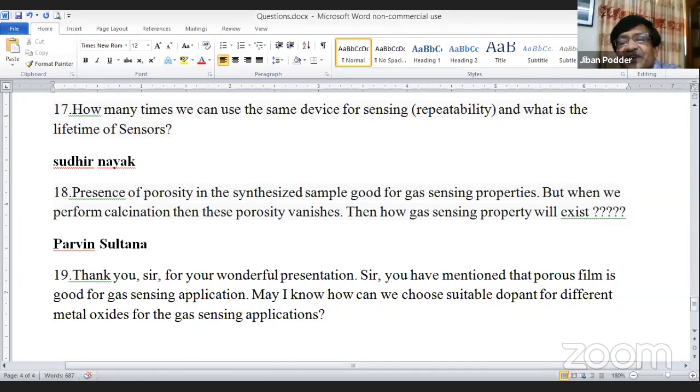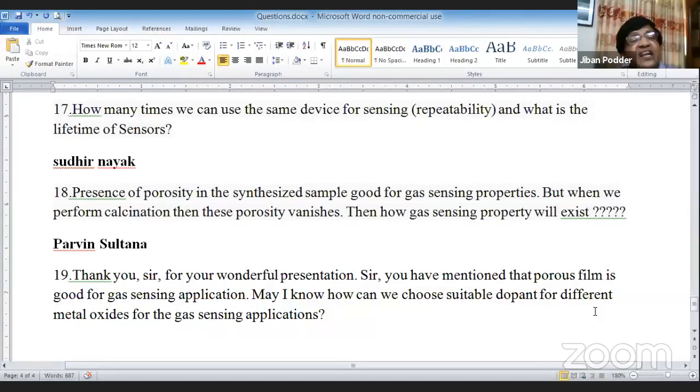If the surface is more porous, more rough, more irregular, then only can that surface uptake the molecules, either gas molecules or glucose molecules or humidity or anything. So it depends on the surface.